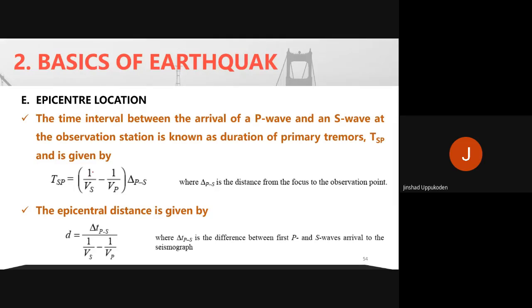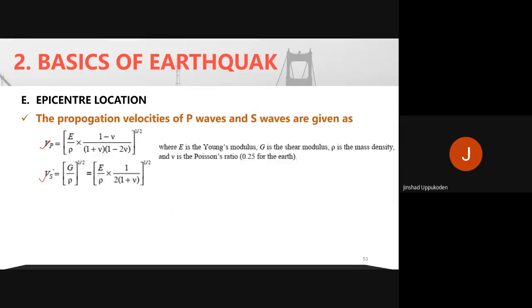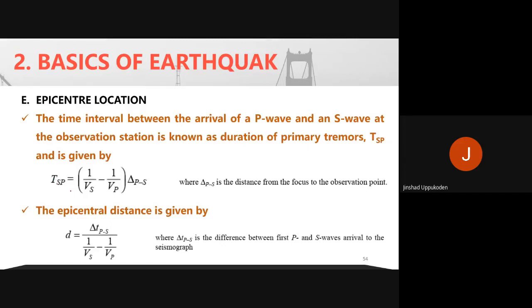How? Because you see, this is VP and VS. TSP is the time interval, and delta is the distance from the focus to the observation point. So delta by VS minus delta by VP is TSP.